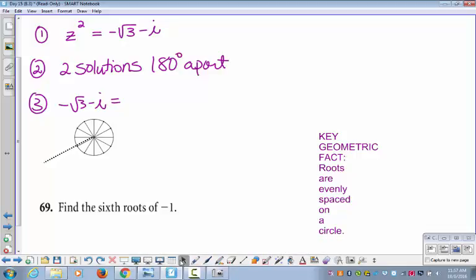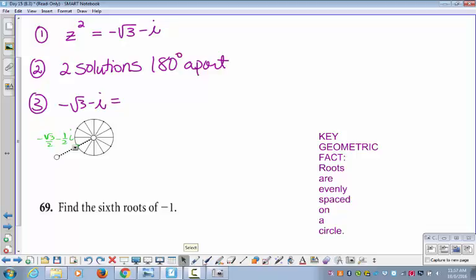The point on the unit circle there is minus root 3 over 2 minus 1/2 I. And we're asking ourselves, is there a scalar that multiplied by the green number gives the purple number? And the answer is 2.